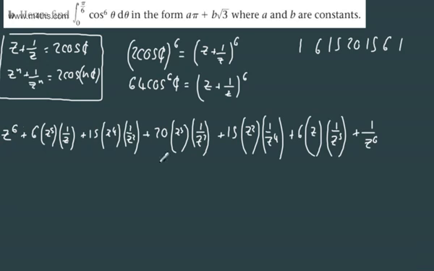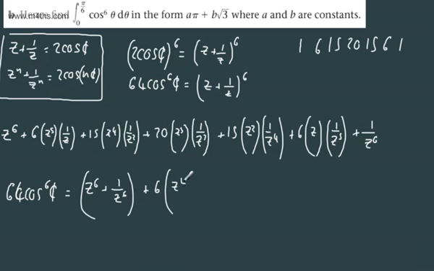z to the 6 plus 1 over z to the 6. So let's now write this: 64 cos to the 6 theta is going to be z to the 6 plus 1 over z to the 6, plus 6 lots of z to the 4th plus 1 over z to the 4th, plus 15 lots of z squared plus 1 over z squared.